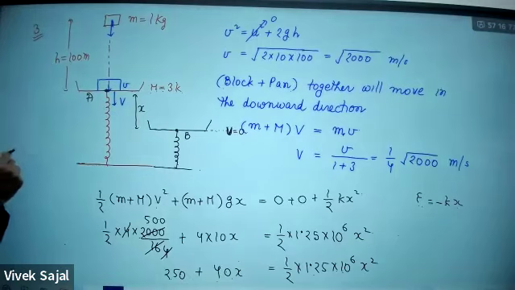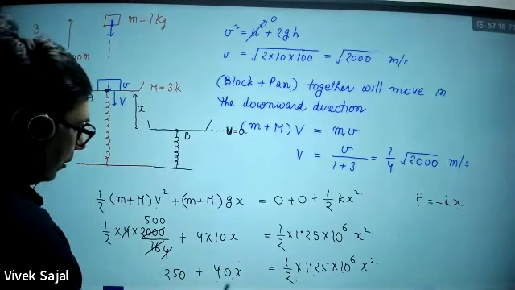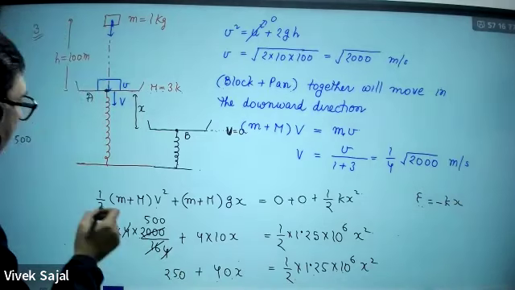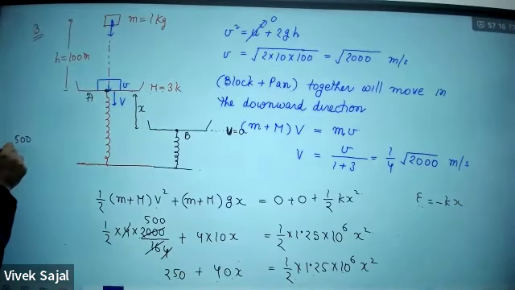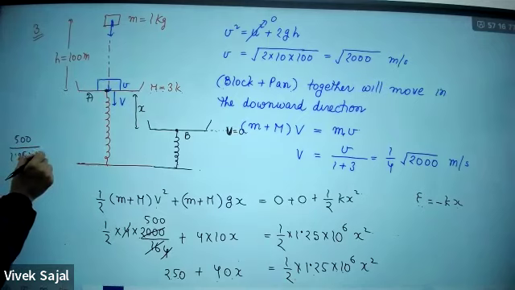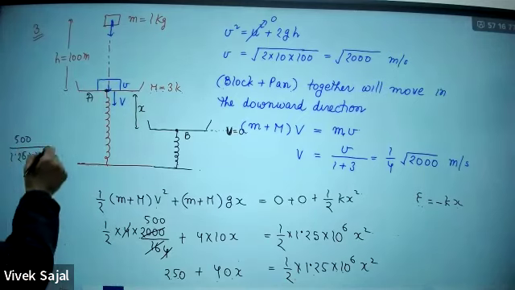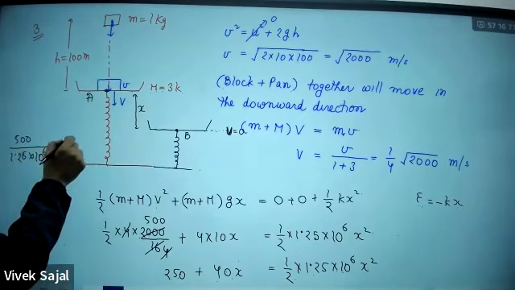So this will be 500 on this side. This 2 into 250, this will be 500 divided by 1.25 into 10 to the power 6. Okay. And this will be x square.